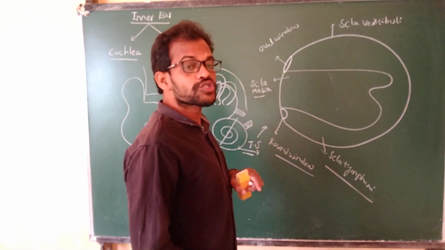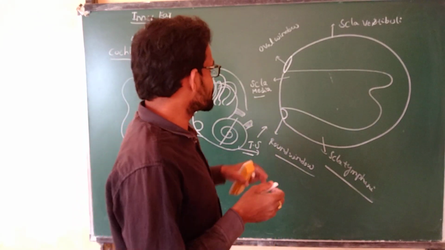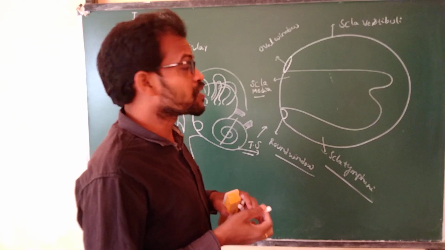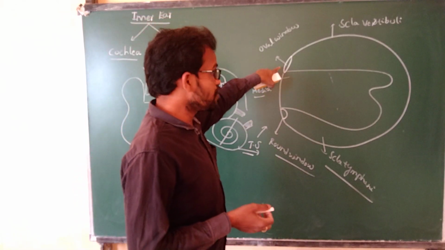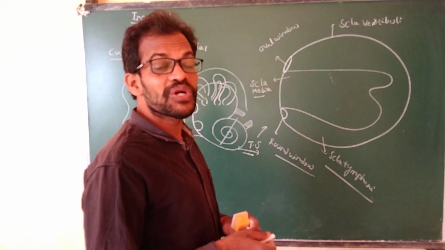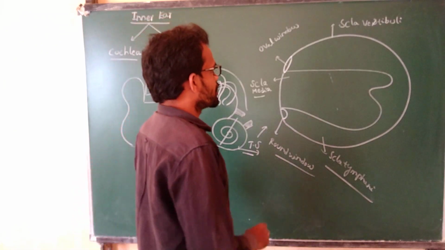This is the oval window, also known as the fenestra ovalis, and this is the round window.